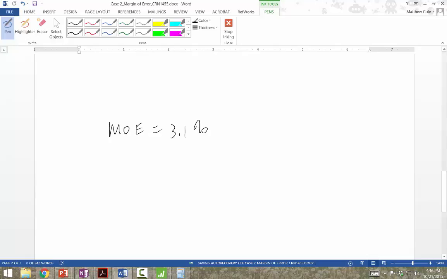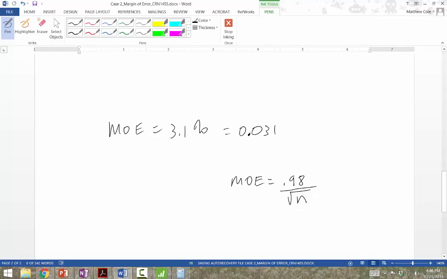What actual number is that? 3.1 percentage points is a p of what? 0.031, right? What was that equation that we had before? We said that the margin of error equals 0.98 divided by the square root of n. That's the formula. That's what you got to remember.